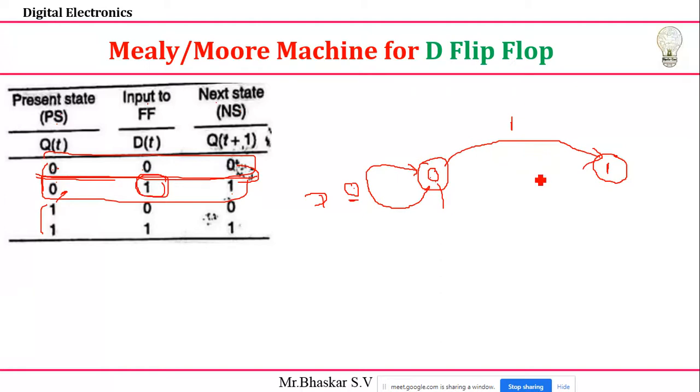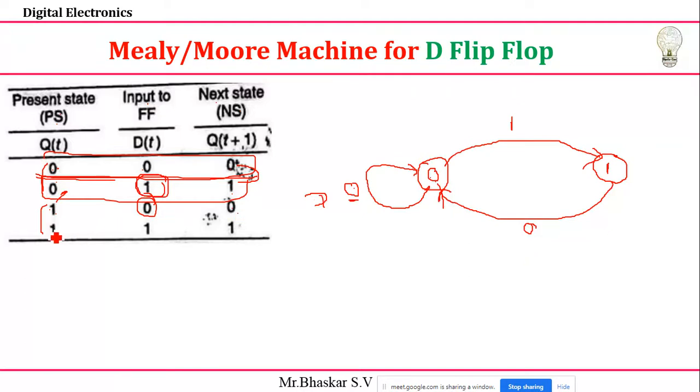Next, second condition, 1 to 0. When it happens, see that this is my present state right now, moving from 1 to 0. At that condition, what is the input? When it happens, it is 0. You need to represent it by 0 here.